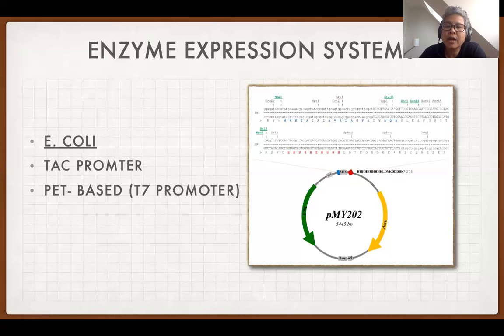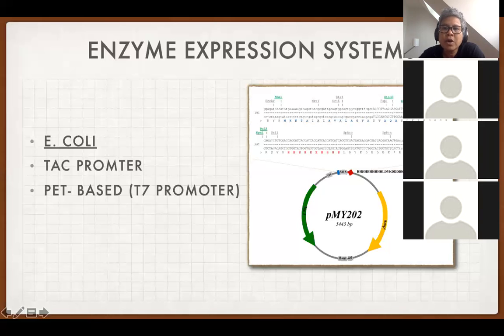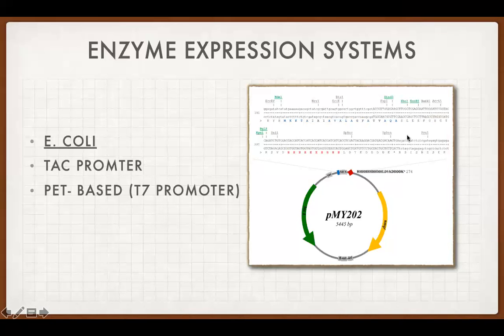It is a short amino acid sequence, LDYKDDDK. It is a short peptide sequence, and there is an antibody that can bind very specifically to this amino acid sequence. This extra tag on the enzyme is useful for purification of the enzymes, okay?